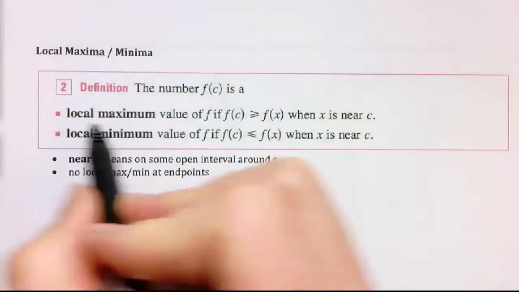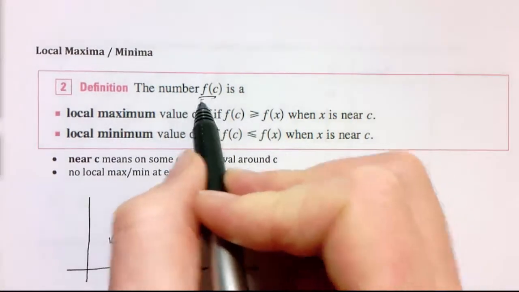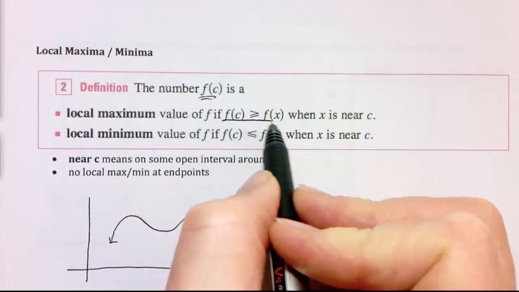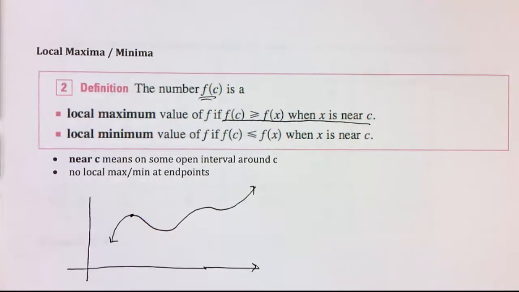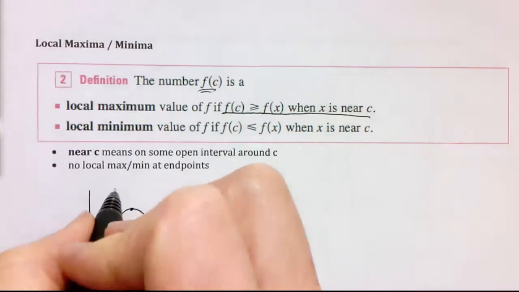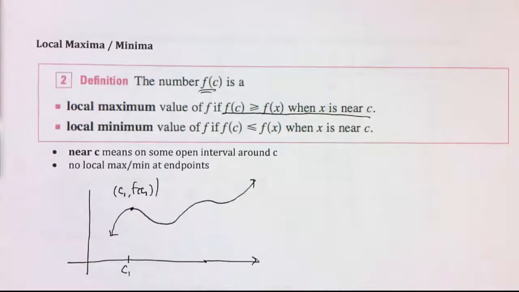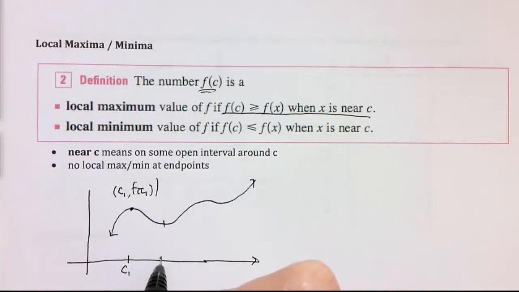So a local maximum value of f, right, is f of c, and it's a local maximum if it's bigger than the surrounding function values. So right here we have a local maximum on this function. At this number, let's call this number c1, f of c1 is the local maximum value. At c2, we have a local minimum value because it's the smallest guy around.